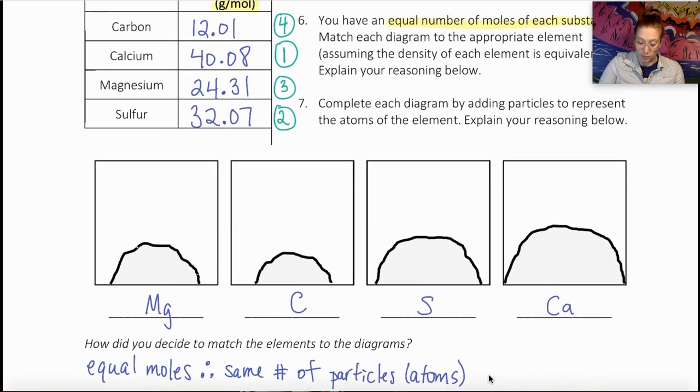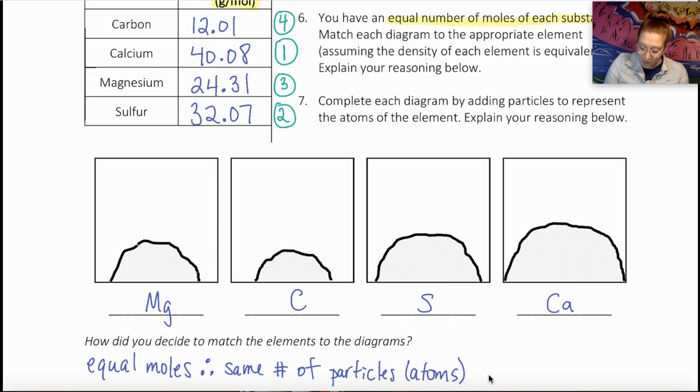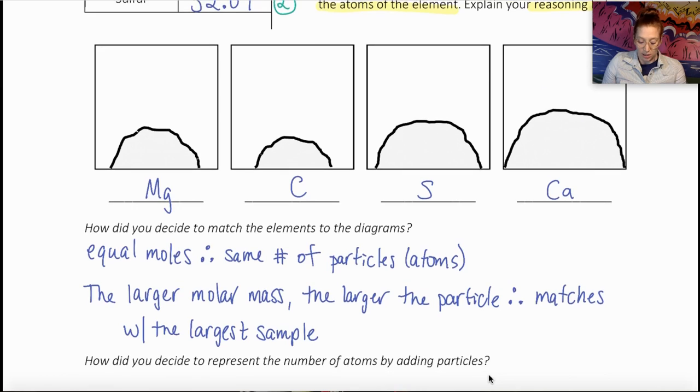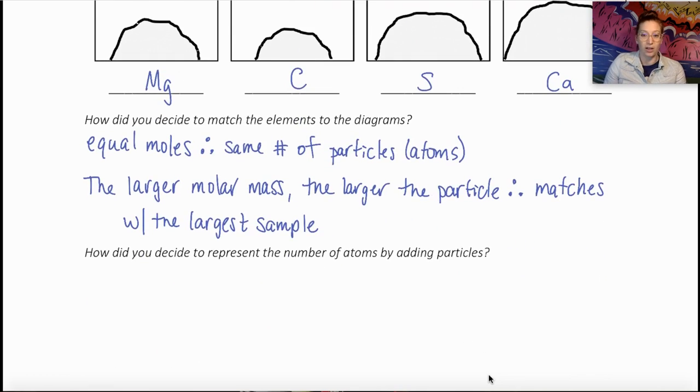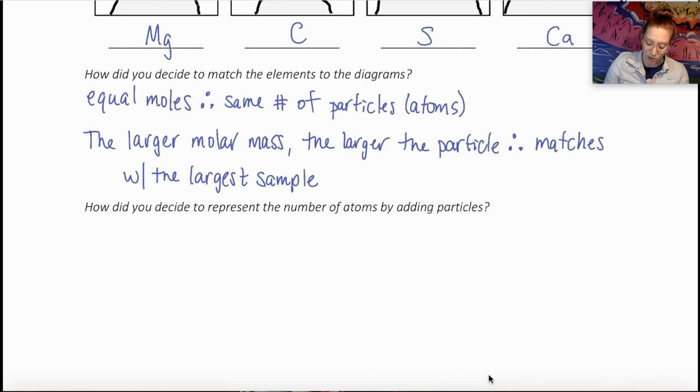Question 7, last one, is to complete the diagram by adding particles to represent the atoms of the elements, and then explain our reasoning. So let's start with that reasoning. This one's actually pretty simple. We're back full circle to question number 1.